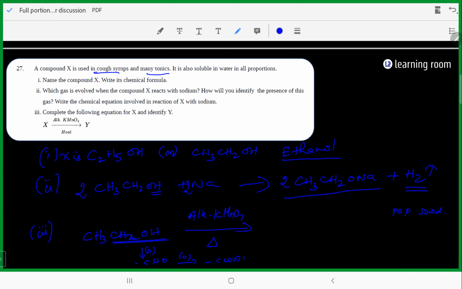Please remember this point, COOH. So it becomes CH3COOH, which is acetic acid.